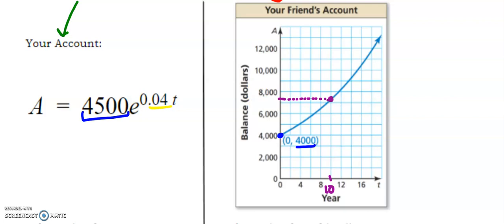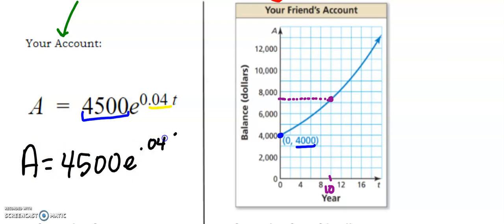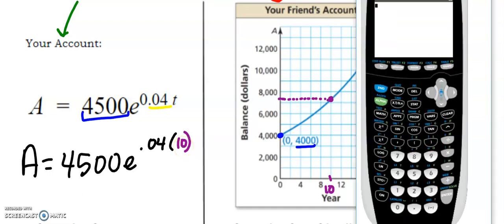For you, we're going to need to figure out what your amount was after 10 years. So we're going to put in a 10 for time t. Go ahead and go to your calculator. We're going to type in 4,500. Our E button is right here. You can also use this one, but then you need to press the caret. So I think this e to the x is going to be easier. We're just going to do second natural log.